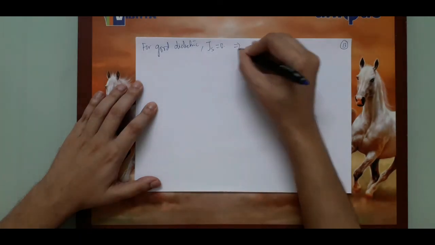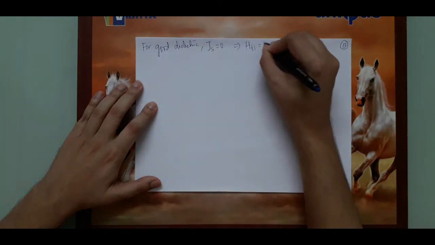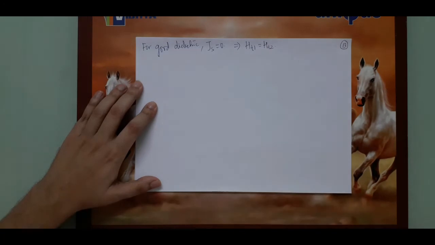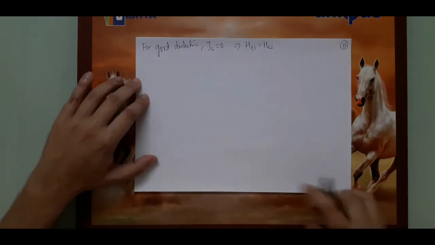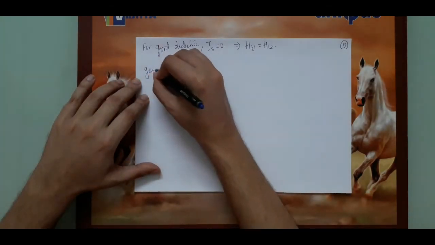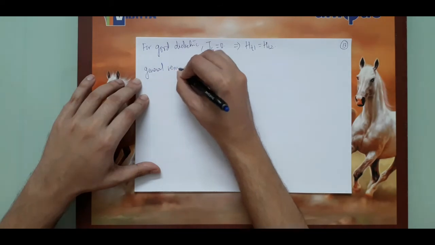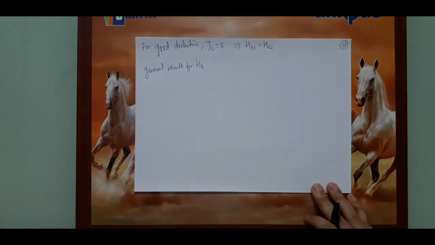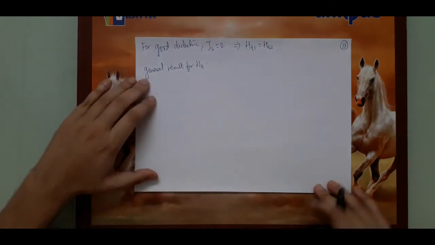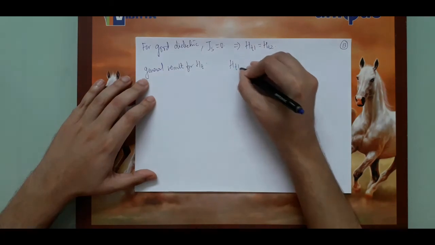In that case, the two will be continuous. So now the general result for the tangential component of the magnetic field, what we saw is this.